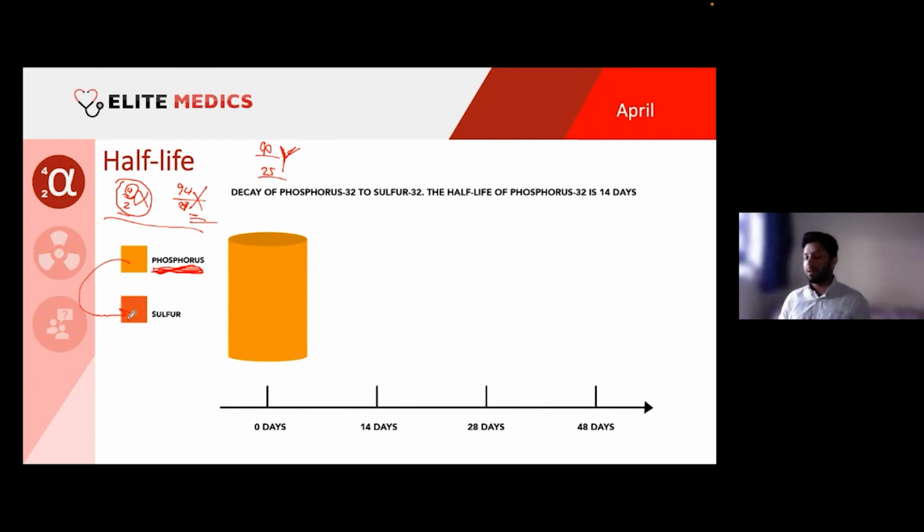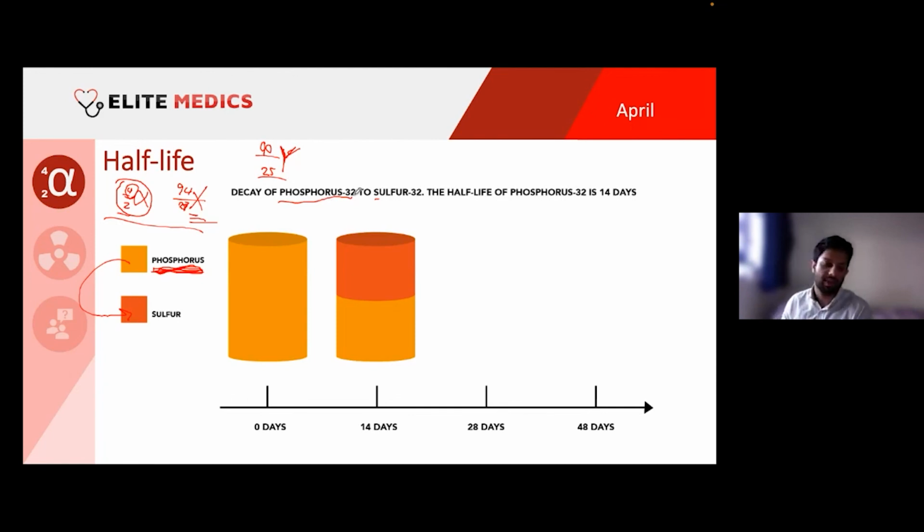So at 0 days, this is our sample of phosphorus 32. We've got 100% phosphorus 32. Then at 14 days, we see about this much phosphorus 32, and all of a sudden we've also got some sulfur 32.